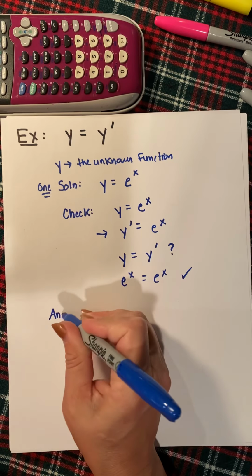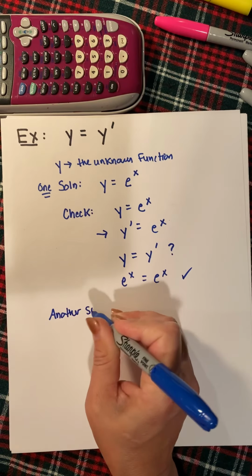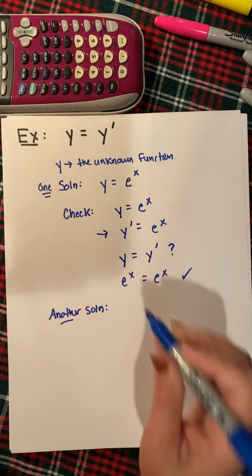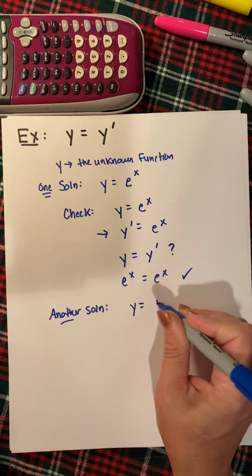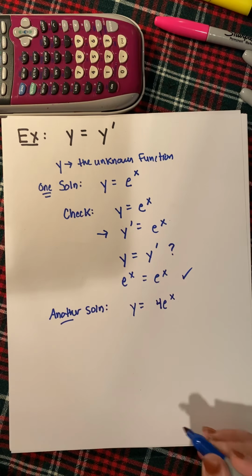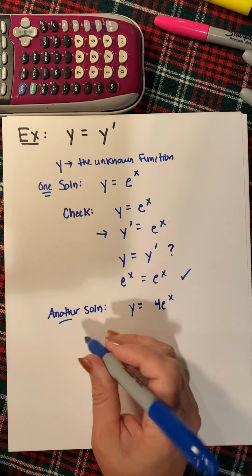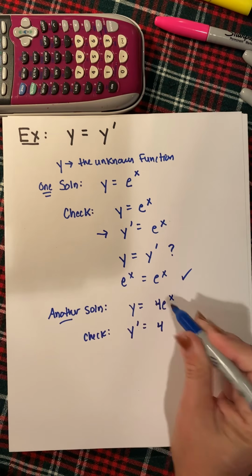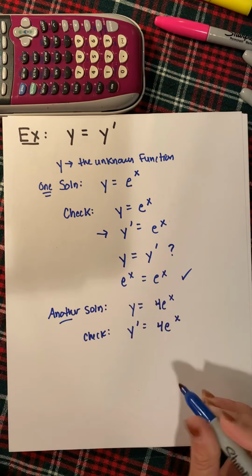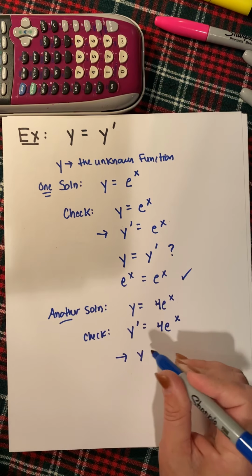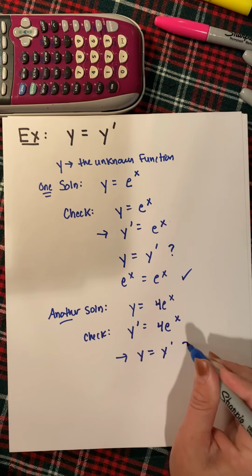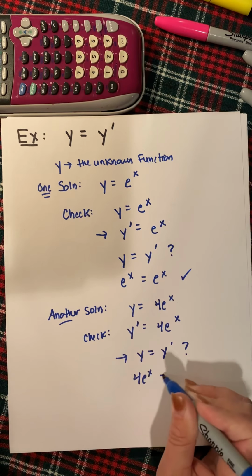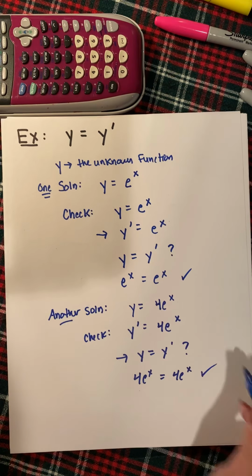So I see that's one solution. Another solution: how about y equals 4e to the x? Let's check. The derivative of 4e to the x is 4 times the derivative of e to the x, which is 4e to the x. And we can clearly see that y equals y prime. Yes, 4e to the x equals 4e to the x. So notice I could have changed this number to 14.